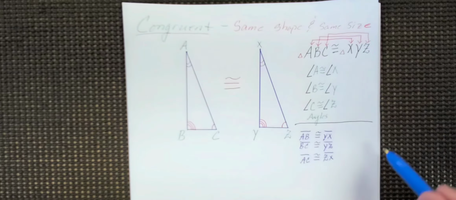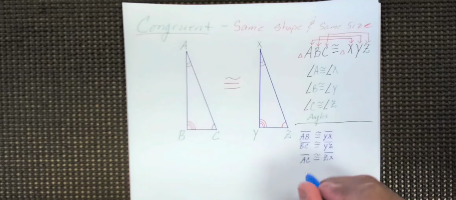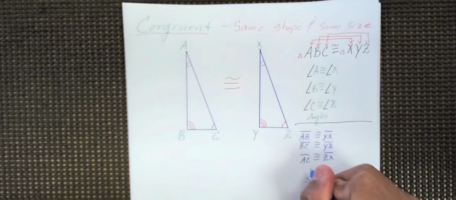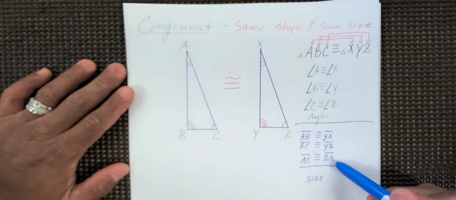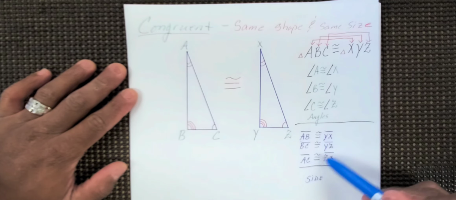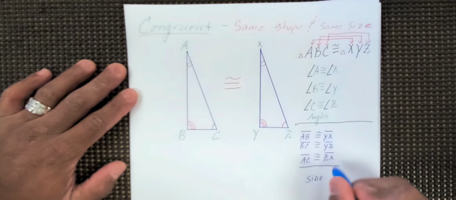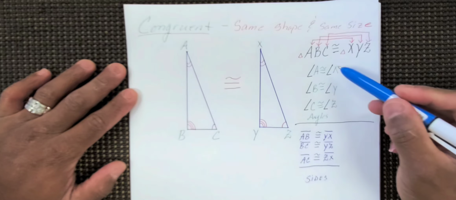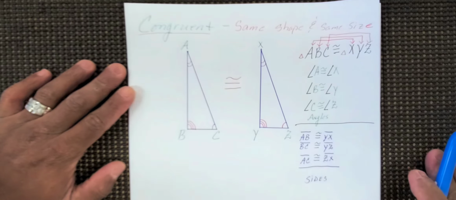Does it matter that I did not put the X before the Z when I'm talking about the sides? The answer is no. It does not matter if I put the X before the Z. Not here, it doesn't. In the name, it does, but not when you're naming the sides. All right? So this is how we're showing that the angles are congruent. This is how you show that the sides are congruent.